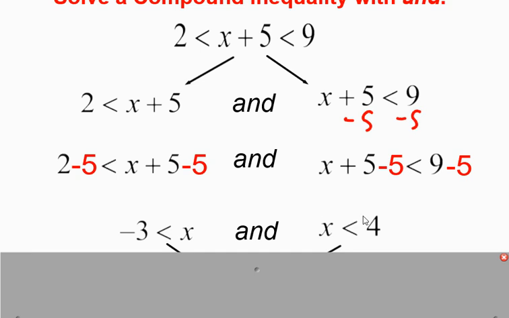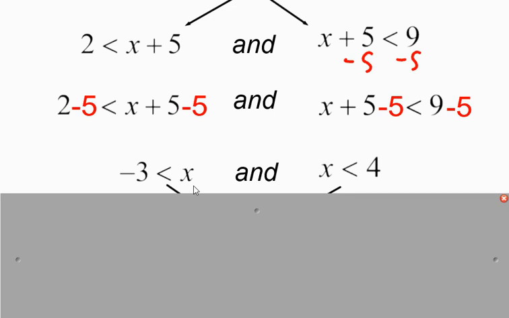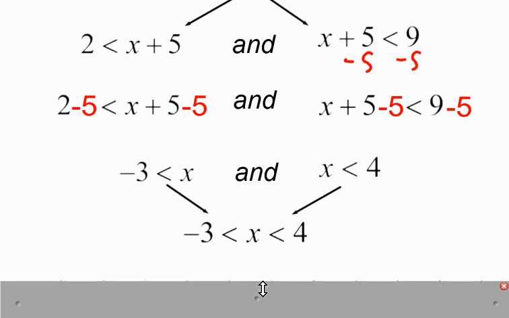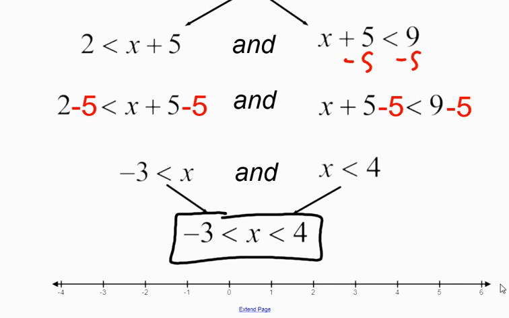is less than 4. Now I have that -3 is less than x and x is less than 4, so I can put that back together and say my final answer is that x needs to be any number in between -3 and 4. I can't pick -3 and 4 because those are not equal to statements. How can I always check? I can always check by picking a value and substituting in. What's a nice, easy number to check in between -3 and 4?